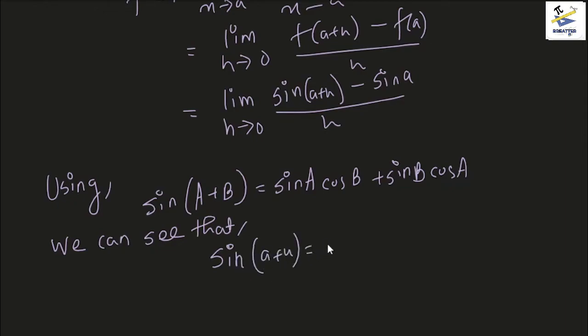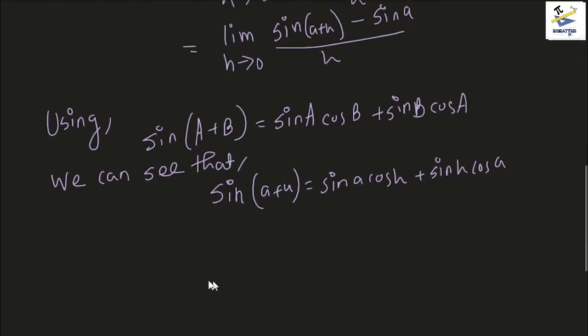sin of a plus h similarly would be sin a cos h plus sin h cos a. When this is done, what we can do now is we can find the limit L. Actually here we do not need to call the answer L, we already have a name for it.